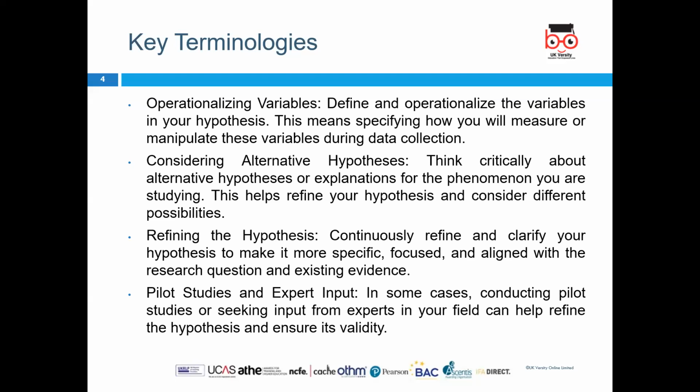Then the next step is operationalization of the variables. This means that the different variables, that is the independent and dependent variables, are identified, and the researcher specifies how the measurement or the manipulation of these variables will be carried out.